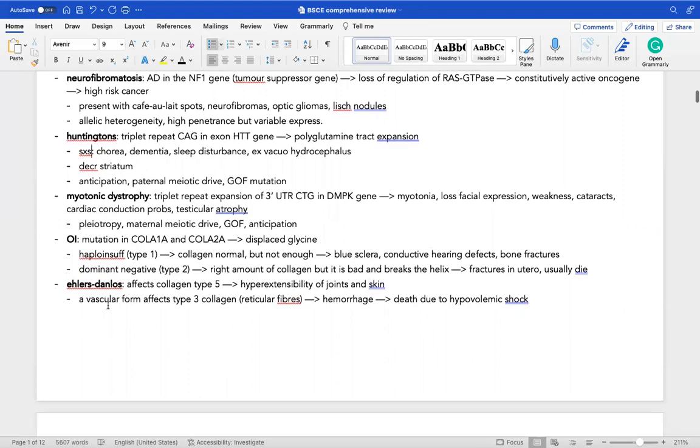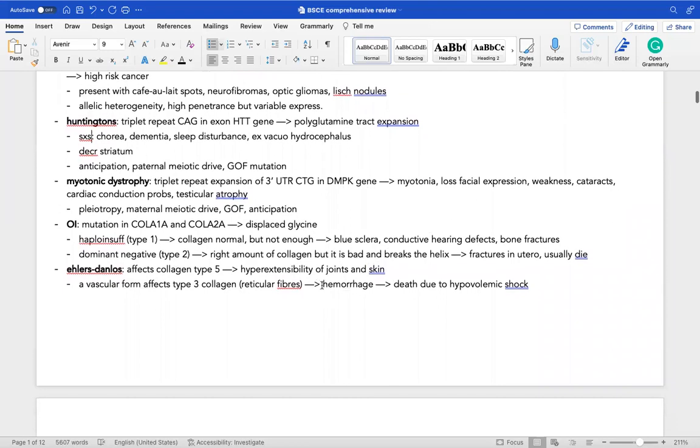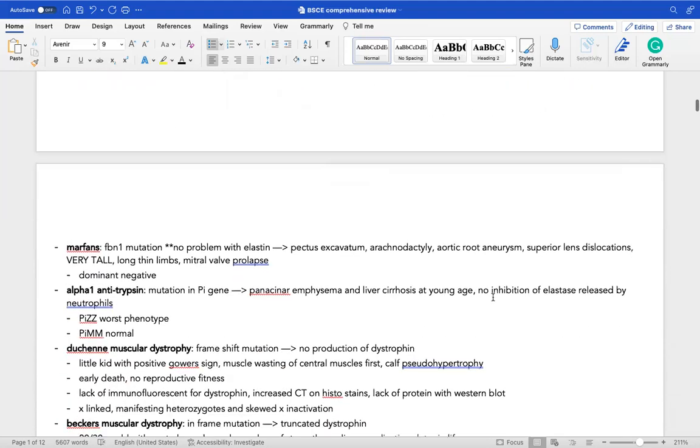It can also cause hemorrhage problems. That's because it has a vascular form, which can affect type 3 collagen, and in that case, it can cause a hemorrhage and then death due to hypovolemic shock.